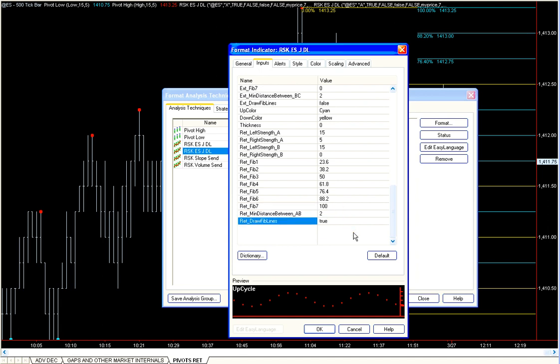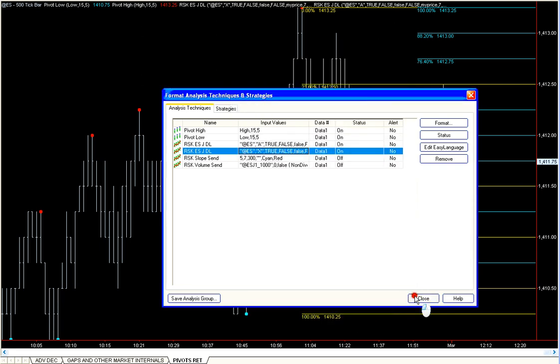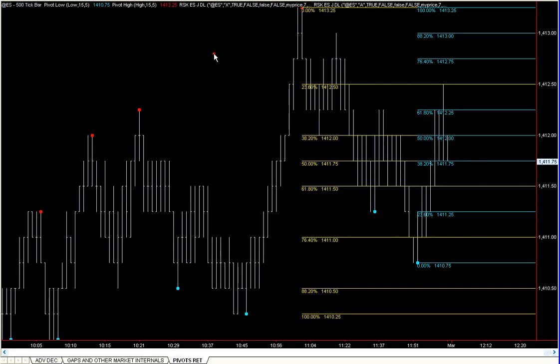We set this to true, and it will draw the Fibonacci retracements so long as there is at least a 2-tick move between the pivots. Both upper and lower retracements show up according to these definitions.